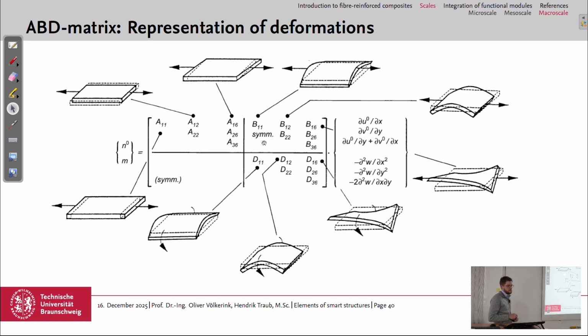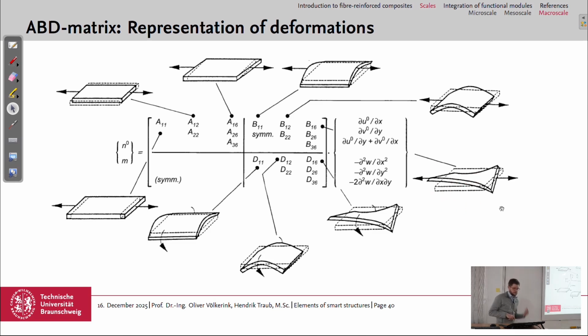Normally the aim is to have the B matrix 0, so that you have no coupling effects, because the coupling effects lead to some interesting behavior. If you pull, for example, the laminate, then it would bend in this direction, or if you pull in the other direction, then it would also bend, or it would even twist.